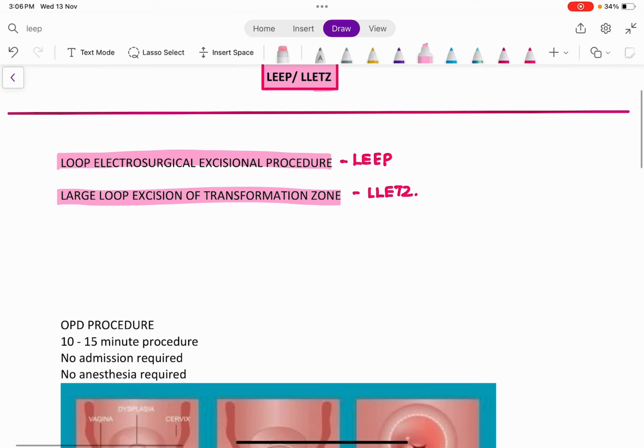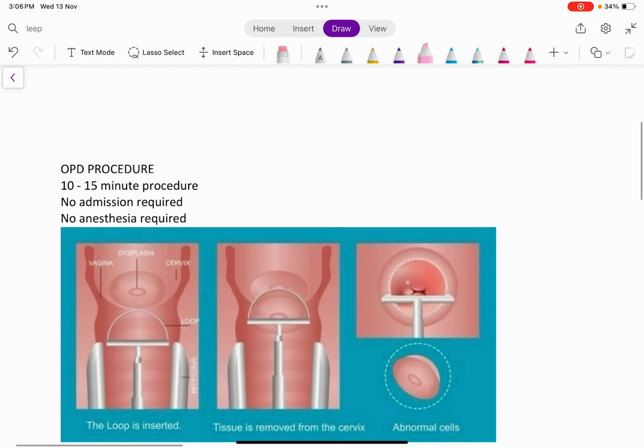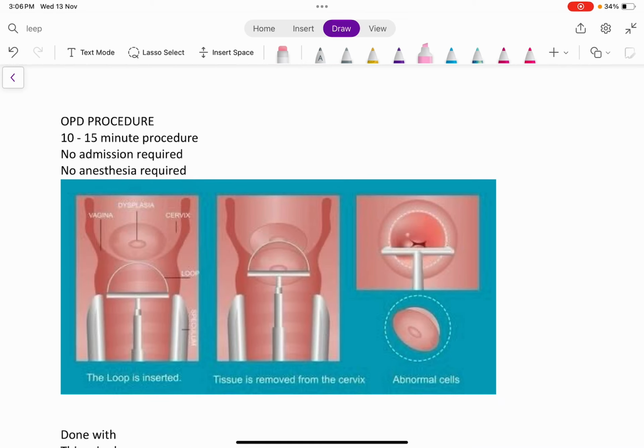So here, with the help of electricity and an instrument such as a loop, we are going to do the excisional procedure, right? LEEP is actually an OPD procedure. It doesn't require any admission, no anesthesia is required, and the procedure can be performed within 10 to 15 minutes.